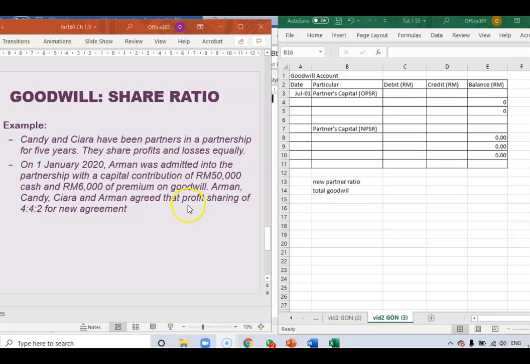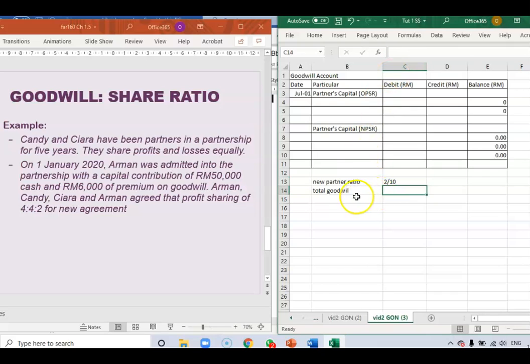And then they agreed on a profit share ratio of 4:4:2, which means 4 for Candy, 4 for Sierra, and 2 for Arman. So now how to calculate the total goodwill? So the new partner ratio is 2/10, right?